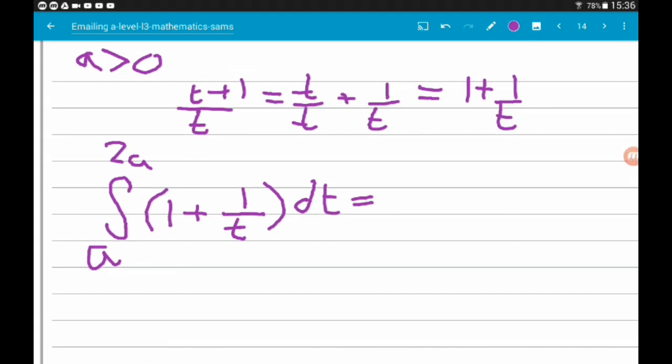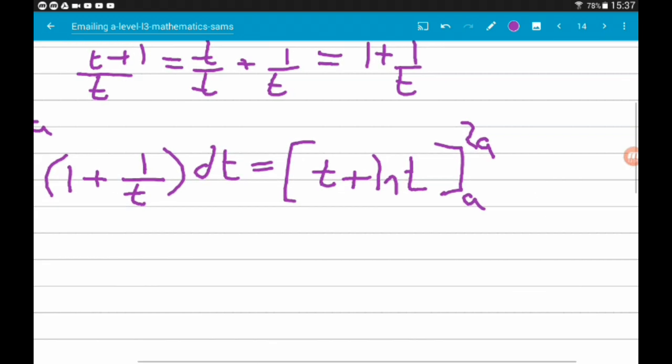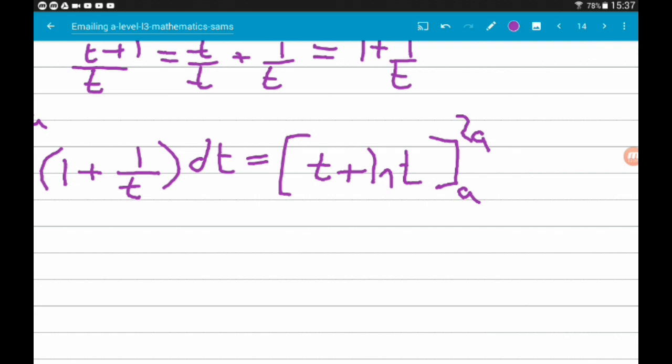So let's integrate that then. 1 integrates with respect to t to t, and then 1 over t integrates to log t, the natural log of t. So we get t plus log t between a and 2a. So let's calculate that.